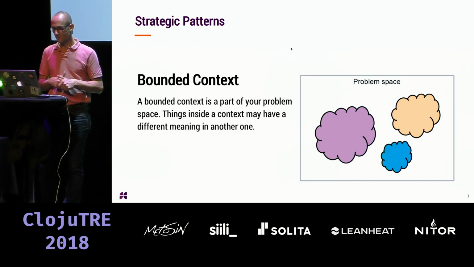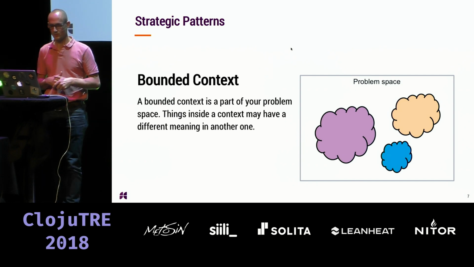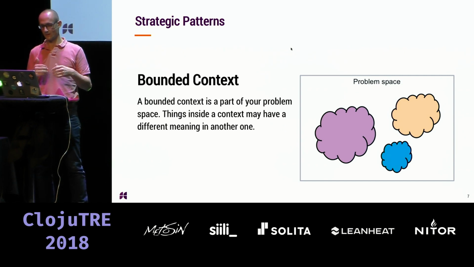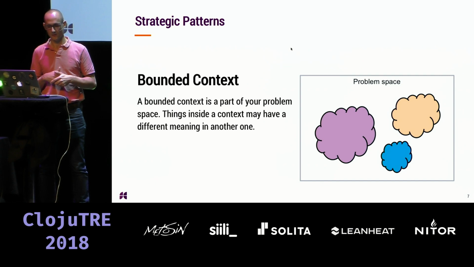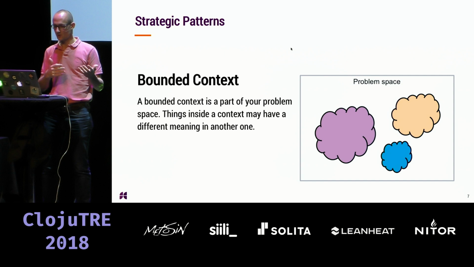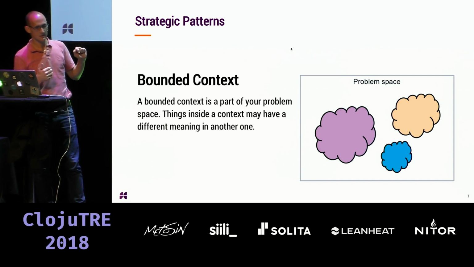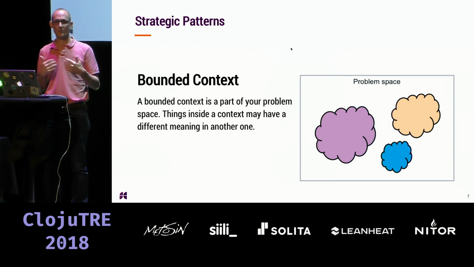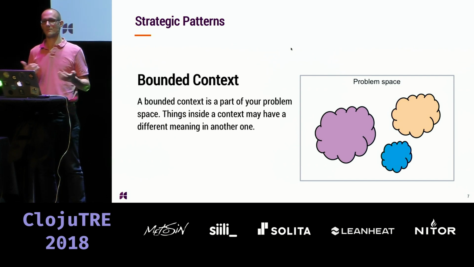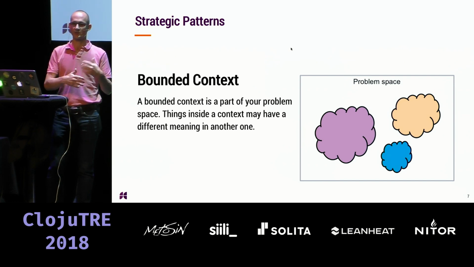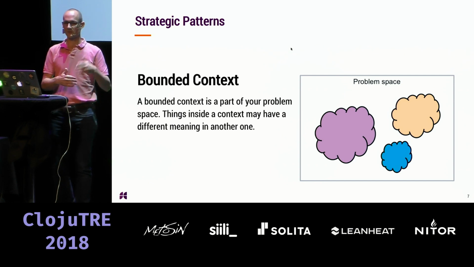The first important strategic pattern that I want to introduce is bounded context. A bounded context is just a part of the problem space. The things inside one context might have a different definition inside another context. Try to think about a customer, for example, at Amazon. When you reach the landing page, you're going to browse a little bit, maybe make a search, and you will get results.